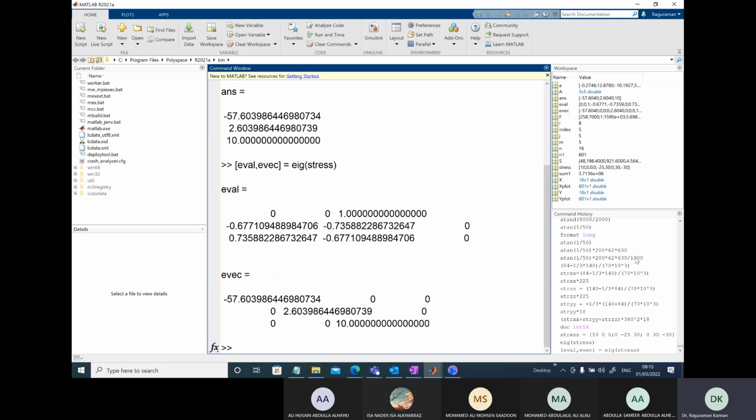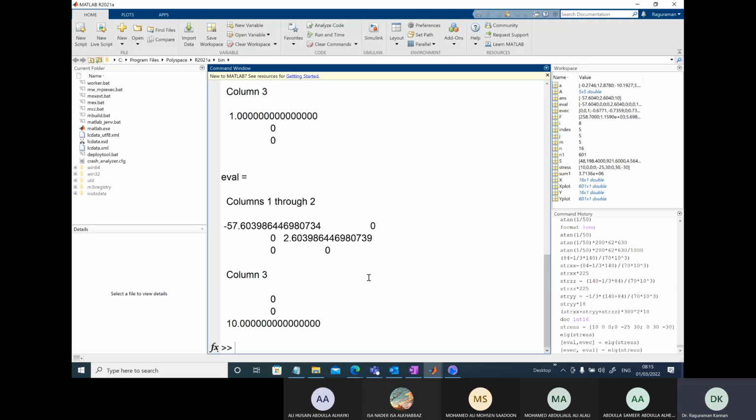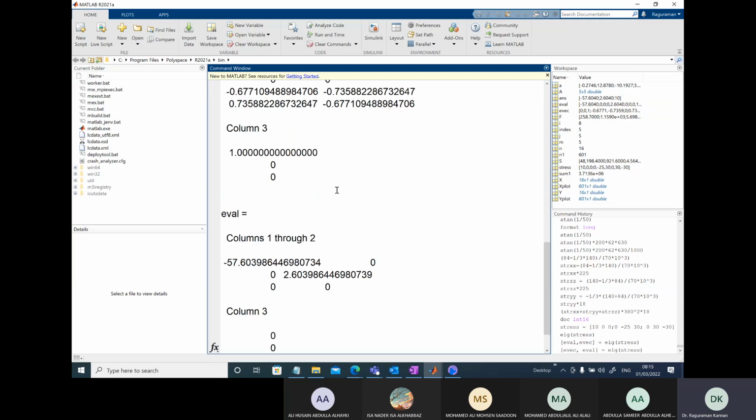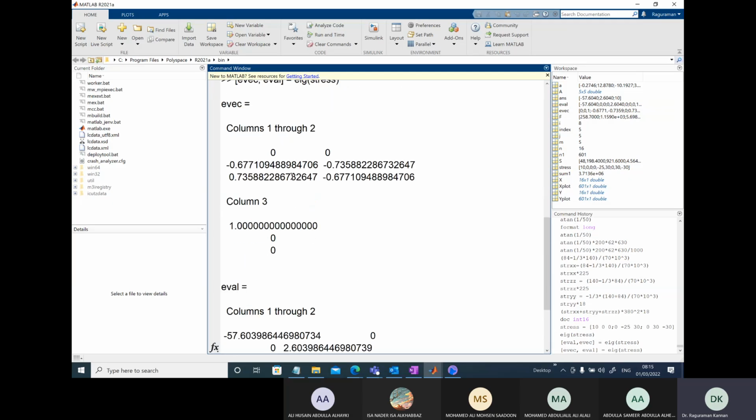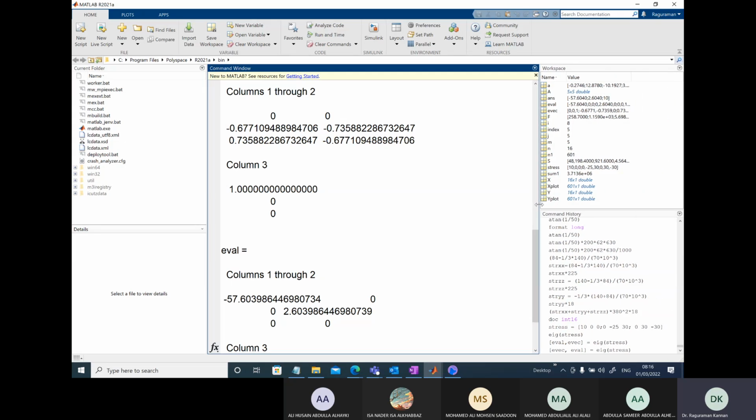So after we do that, we get, okay, so this is opposite. The first is eigenvectors, and then the second should be the eigenvalues. Okay, so now we can see this is the eigenvector and eigenvalue.